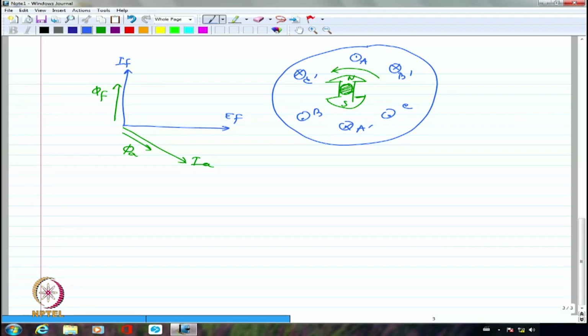The resultant of these two will be the overall air gap flux which the armature will eventually look at. So although the armature is looking at the resultant of both fluxes, I am trying to bifurcate them in the equivalent circuit. One portion I am showing as EF, which confines itself only to the rotor flux.